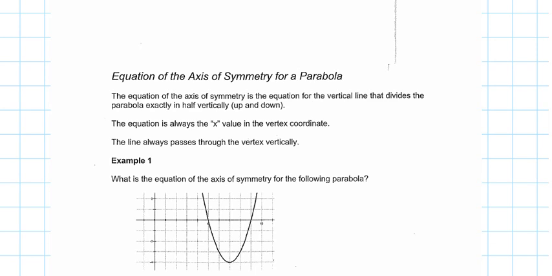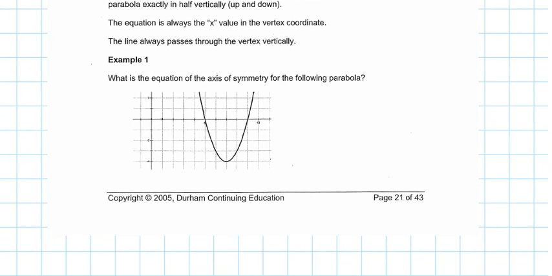So the equation of the axis of symmetry is the equation of the vertical line that divides the parabola exactly in half vertically, up and down. So if I want to graph a line, vertical means up, down, cuts my graph in half, where do I graph it? So this is your parabola.